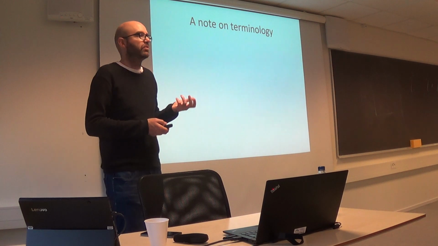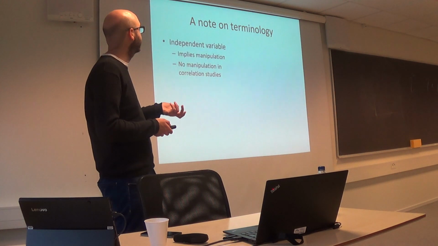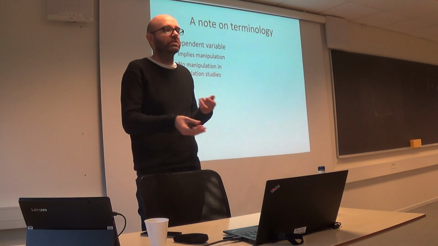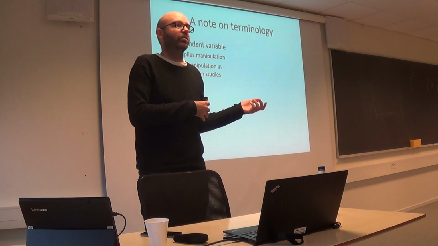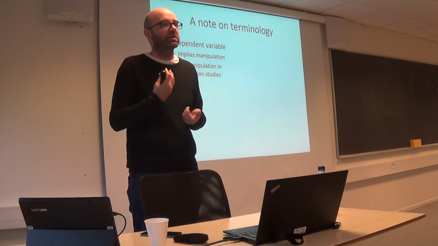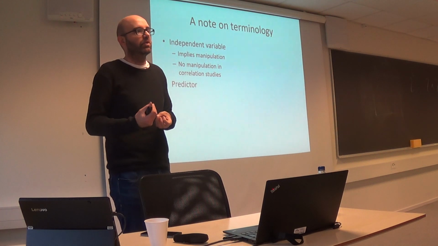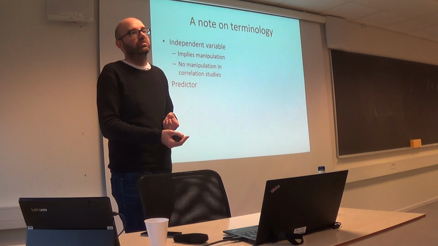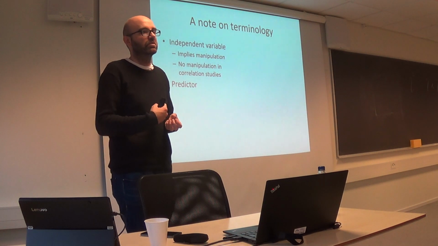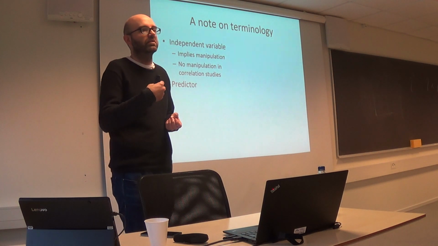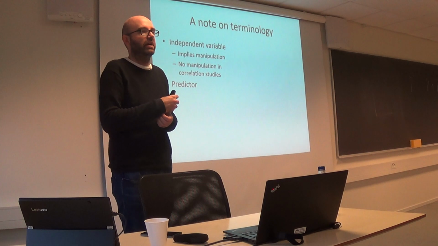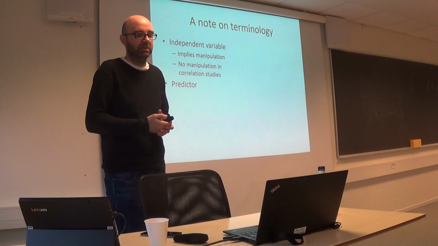So we sort of need new terminology. Rather than saying independent variable, which implies manipulation, when in correlation studies and observational studies we don't have that manipulation there, let's call it predictor. So that's what we want to make our predictions on the basis of. That's what we want to use to make inferences about another variable out in the world, or something else that we're going to measure.